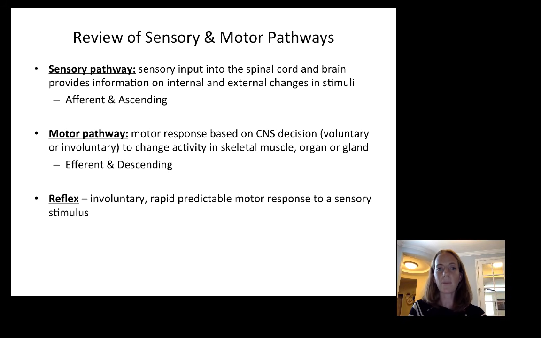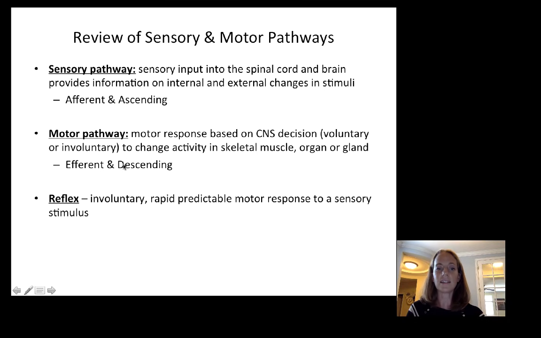A sensory pathway is sensory input to the spinal cord and brain. It provides information on internal and external changes in stimuli. It is an afferent and ascending pathway. Motor pathways are motor responses based on a central nervous system decision, so what is happening within the cerebrum, which can be voluntary or involuntary, meaning we don't know that it's happening, to change activity in a skeletal muscle, organ, or gland.